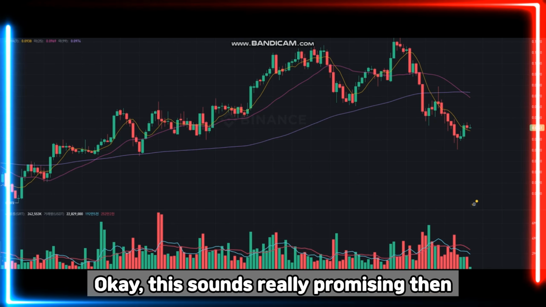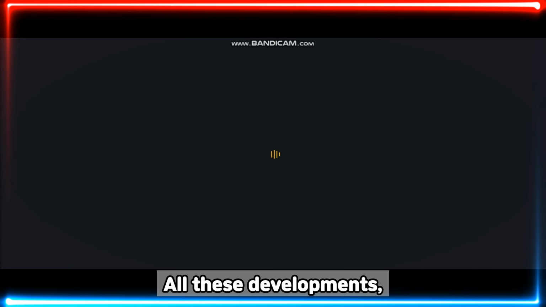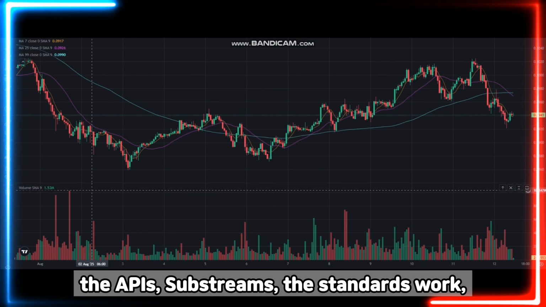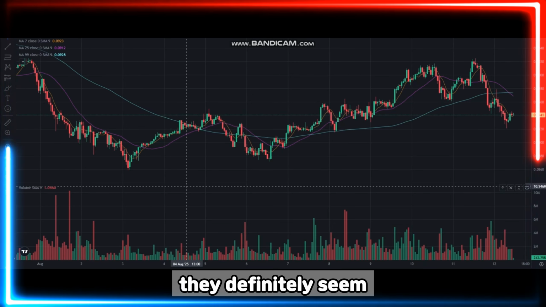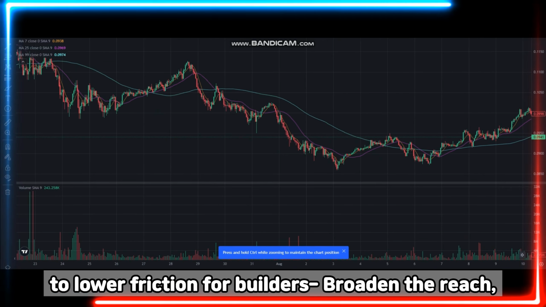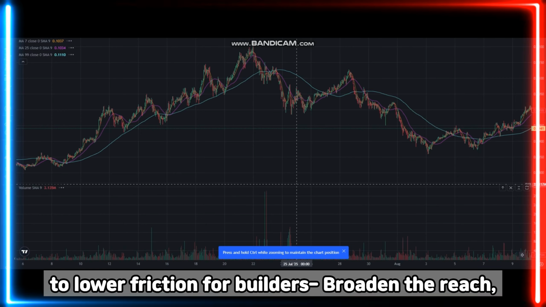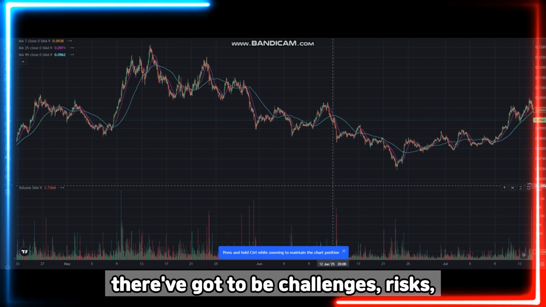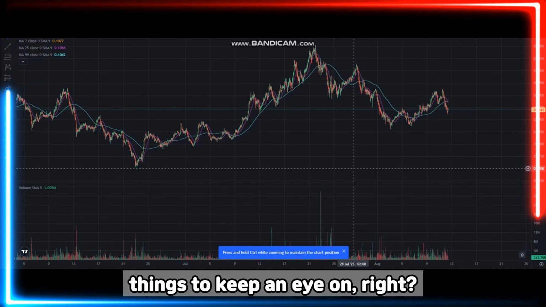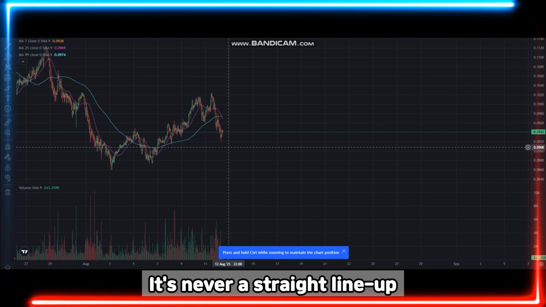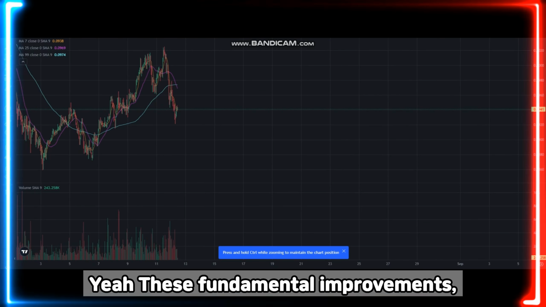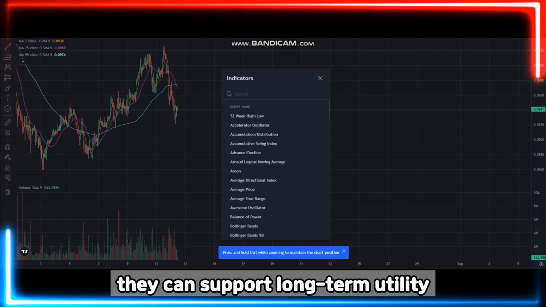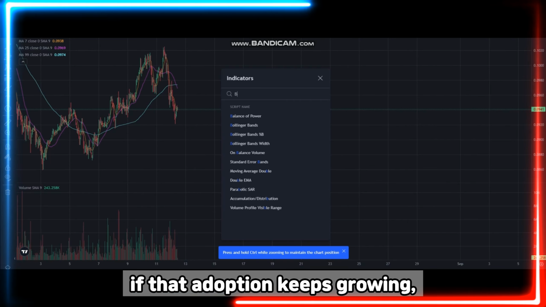It's crucial. Okay, this sounds really promising then. All these developments, the APIs, substreams, the standards work, they definitely seem to lower friction for builders, broaden the reach, create new possibilities. But, like any big tech project, there've got to be challenges, risks, things to keep an eye on. Right? Oh, absolutely. It's never a straight line up. These fundamental improvements can support long-term utility if that adoption keeps growing.